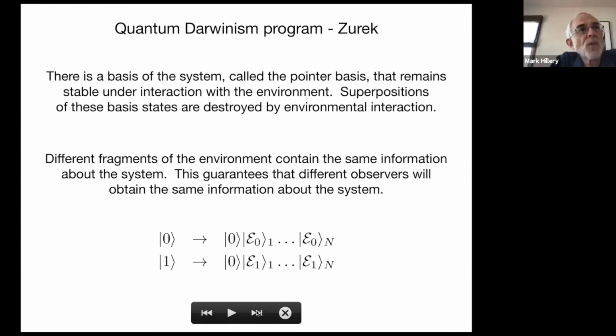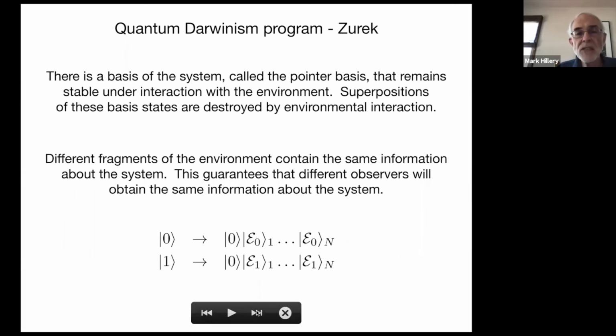So the first thing is, I was talking about superpositions. Well, superpositions of what? I have to really specify a basis if I'm going to be talking about no superpositions, okay? So there's going to be some special basis, and what the interaction with the environment is going to do is somehow destroy superpositions of things in that basis. Okay.